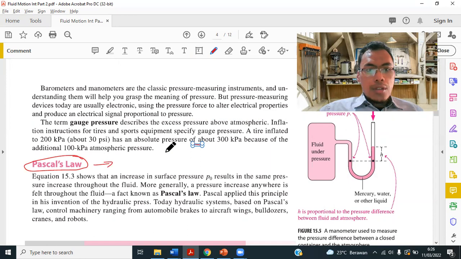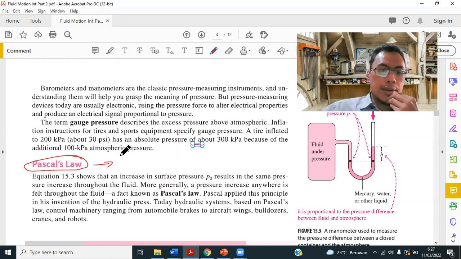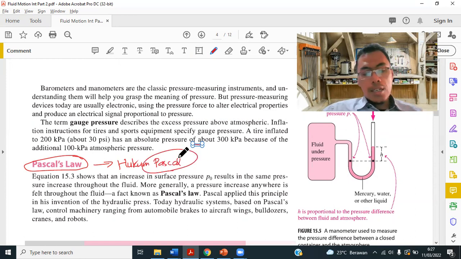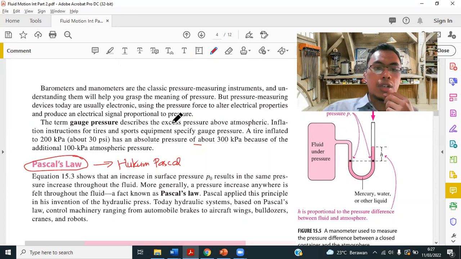Or if we translate it into bahasa Indonesia, then it becomes hukum Pascal, ya. So Mr. Pascal, ya, the name of a person that has this kind of concept, really concerned about pressure, yeah.